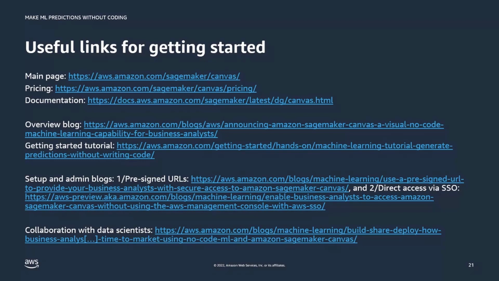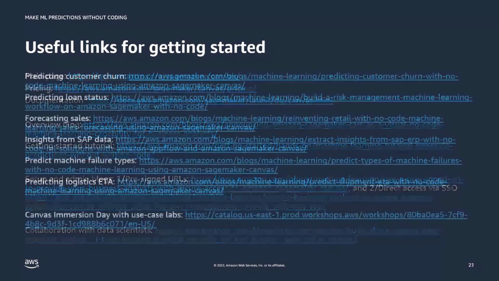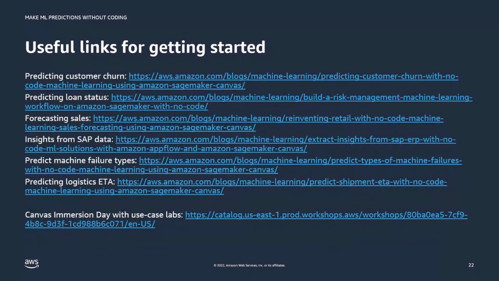There's also some other interesting blogs. So for the administrator, the group behind the business analyst who's supporting them, there's some setup and administration blogs. There's a blog on the collaboration with data scientists that I told you about. So take a look at that if you're a data scientist. Now, if you're a business analyst, there's a whole bunch of blogs for you. One is with slightly different data. There's customer churn.